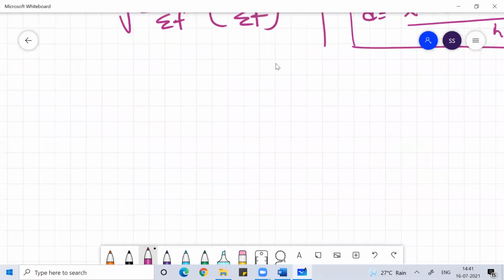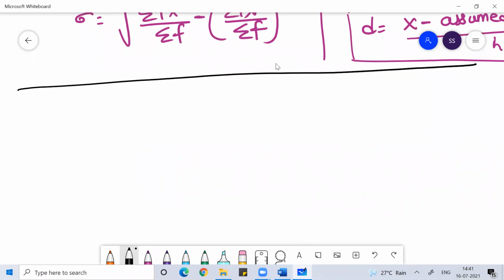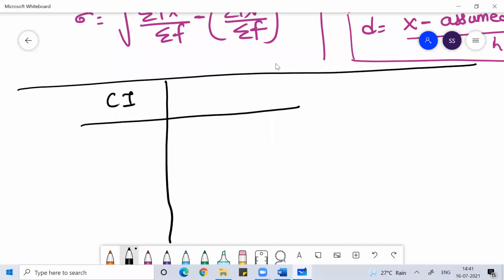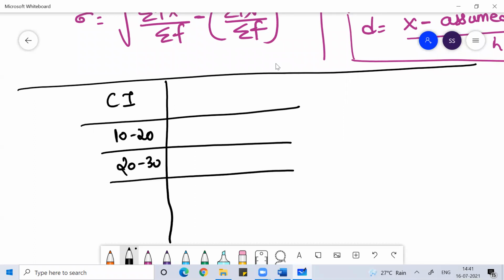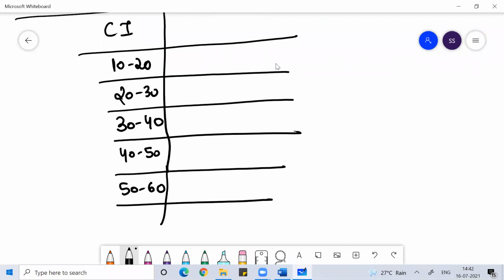When you see this question, the class intervals are 10 to 20, 20 to 30, 30 to 40, 40 to 50, 50 to 60.